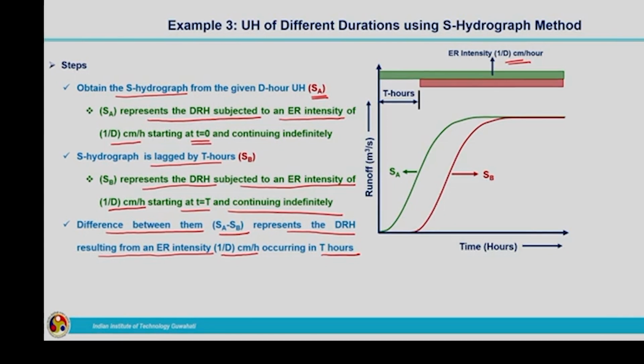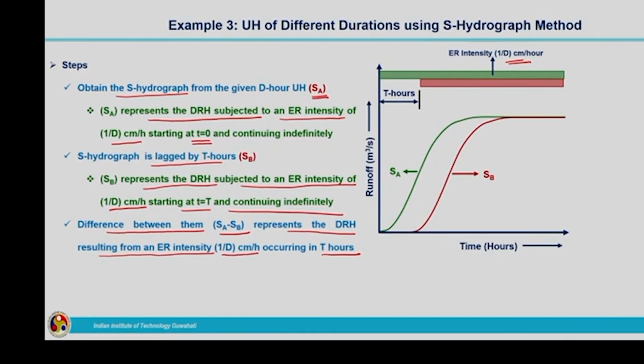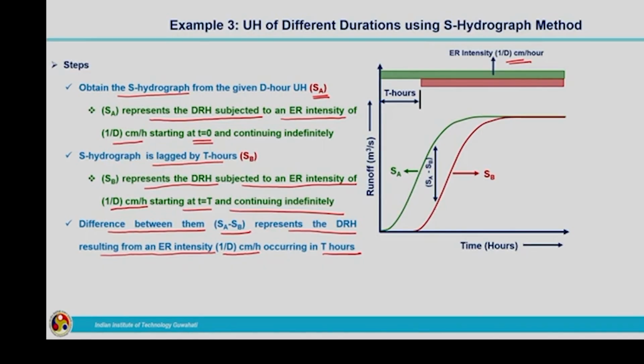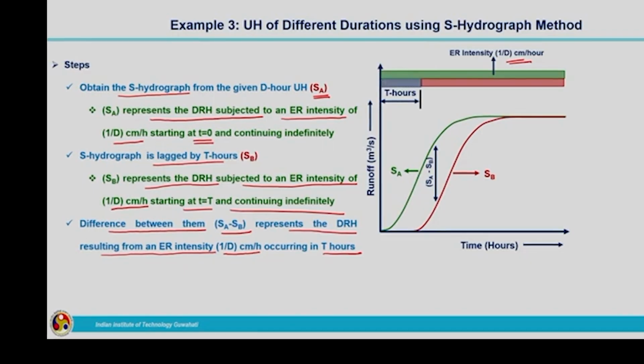So, that is representing an effective rainfall which is occurring for a duration of capital T hours. The rainfall depth corresponding to that will be T by d centimeters. So, SA minus SB is the response of the catchment for a rainfall of 1 by d centimeters per hour for T hours. This is the effective rainfall pulse input. The depth of that will be T by d centimeters.